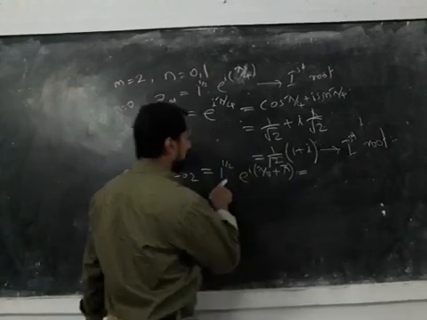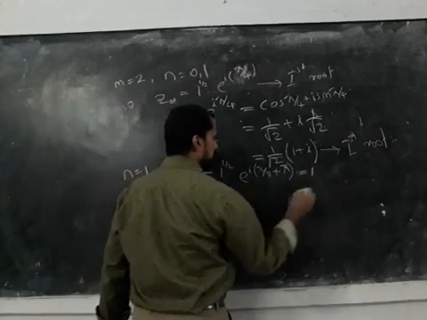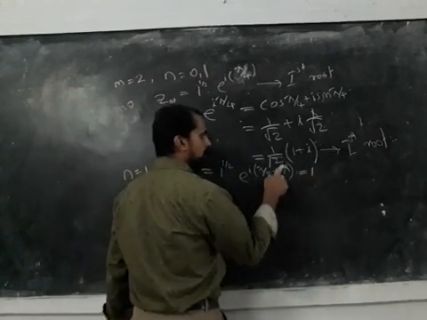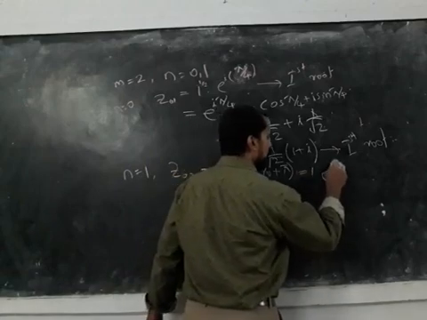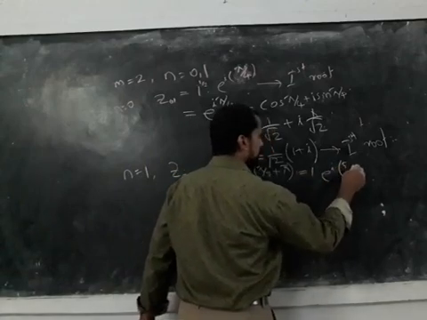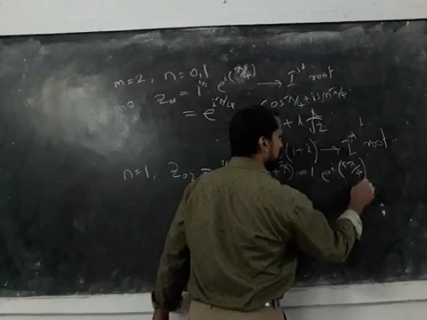This will be 1 raised to half, which is 1, into e raised to i pi by 4 plus pi, which is e raised to i 5 pi by 4.